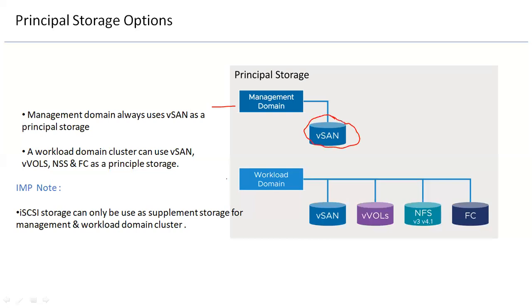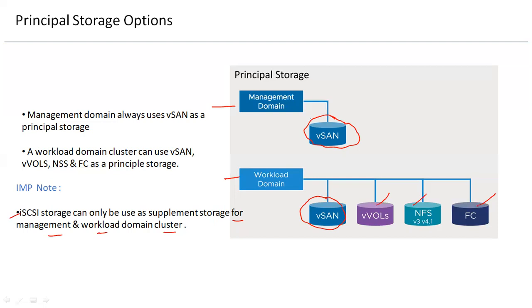In the workload domain, vSAN is the first choice, but along with vSAN, vVols, NFS or FC could be the principal storage. Whereas iSCSI block storage can only be supplemental storage for the management domain or workload domain. It can never be used as principal storage.